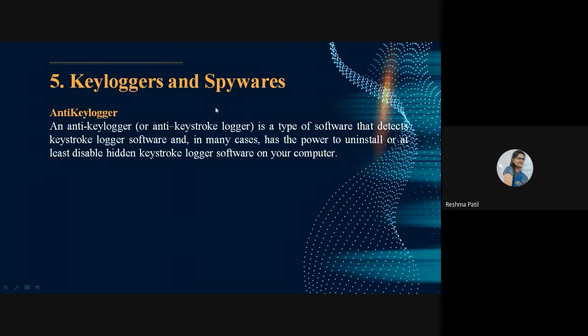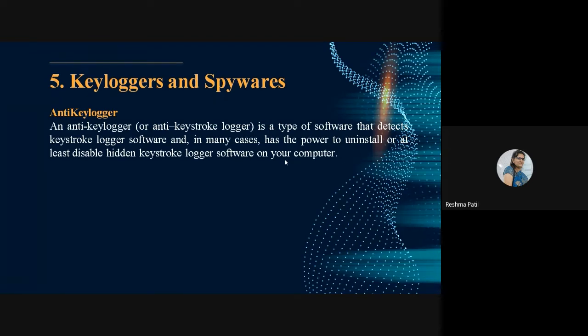So it is a type of software that detects keystroke logger software and in many cases has the power to uninstall it. Means this anti-keylogger itself uninstalls that software, or at least disables hidden keystroke logger software on your computer. First it will identify the keystroke logger software.